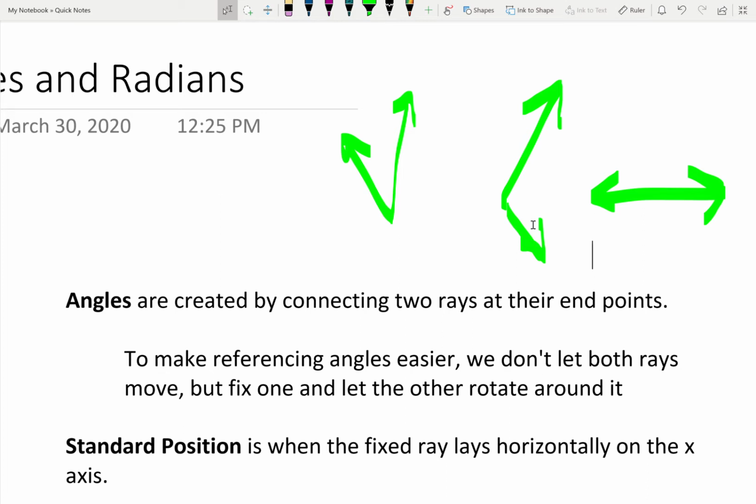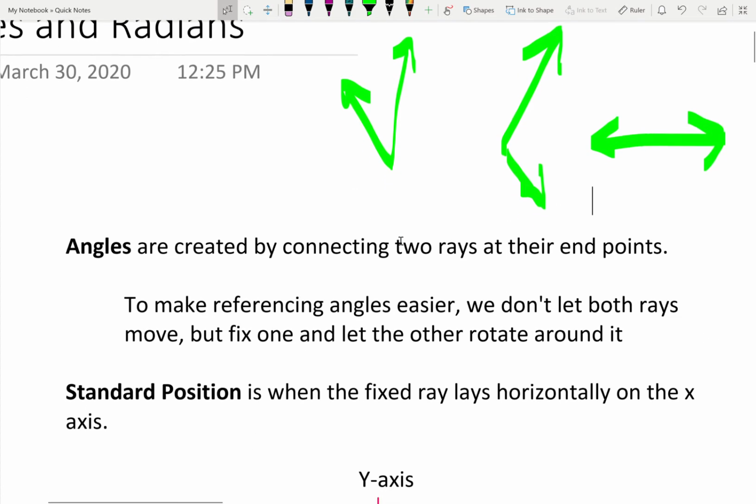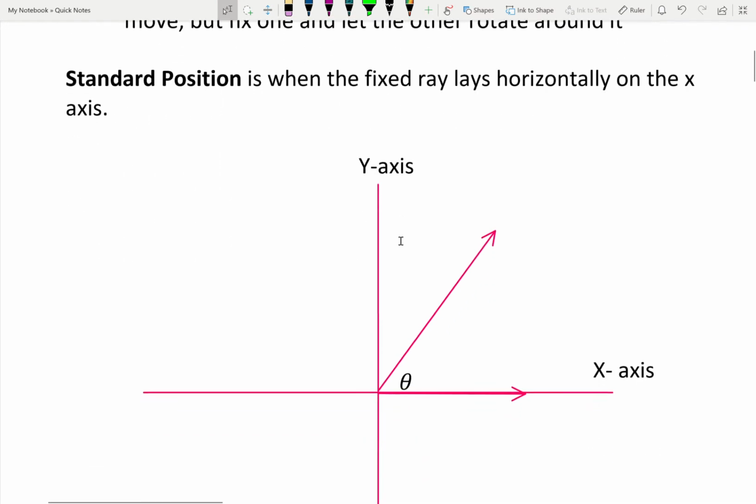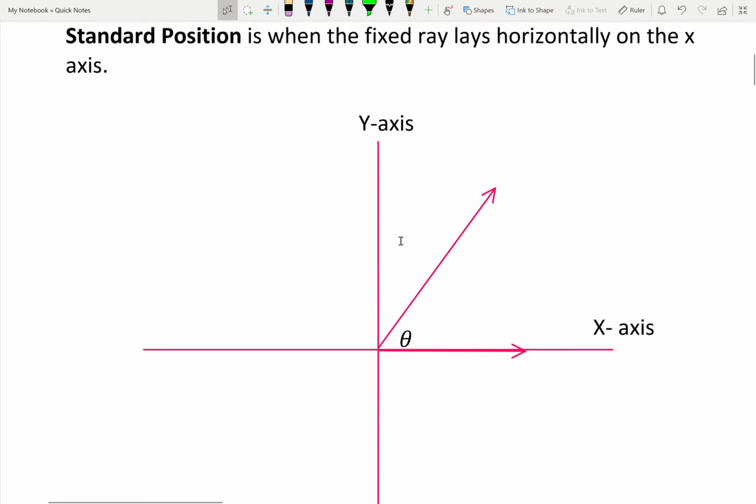So what we do is we put these angles in something called standard position. So what is that? Standard position is that we keep one of these rays on the horizontal or the x-axis. So this is an angle in standard position. You see how this guy right here is on the x-axis.